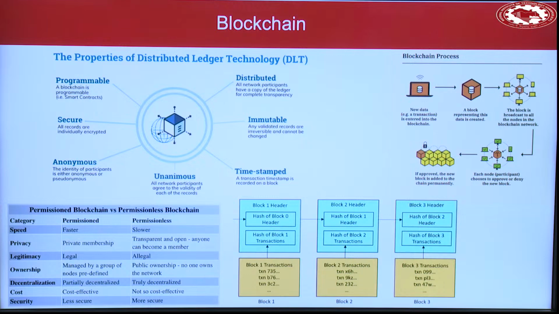Blockchain is a distributed ledger that keeps a record of all the transactions. For example, you are making transactions, depositing, withdrawing from a bank. Who holds the record? The bank.